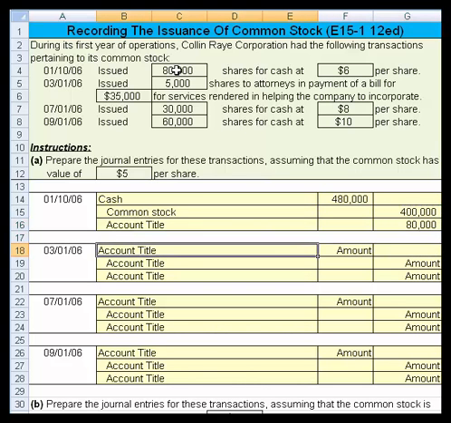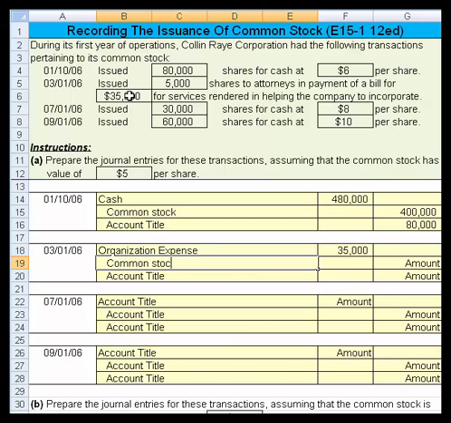The second entry, on March 1st, we issue 5,000 shares to attorneys in payment for a bill of $35,000. So we need to record the organizational expense to show what the attorneys did for us, and that amount is equal to $35,000. And then we issue common stock. And I just realized above here I need to put in that account.